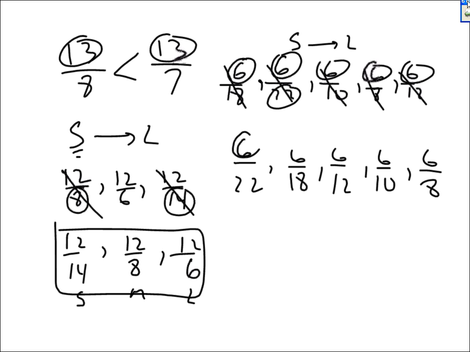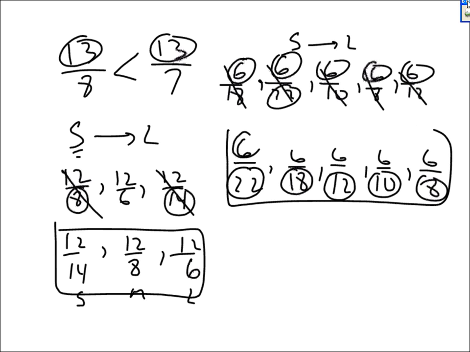And then of the remaining ones, the one with the largest denominator is the next smallest, and so on. That is, just arrange the denominators from largest to smallest. And then you will have arranged numbers from smallest to largest.